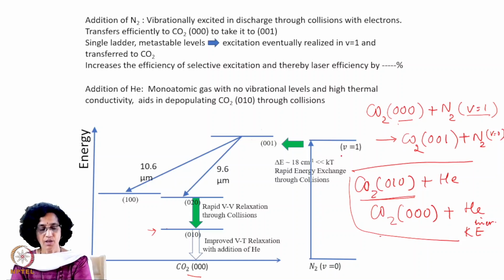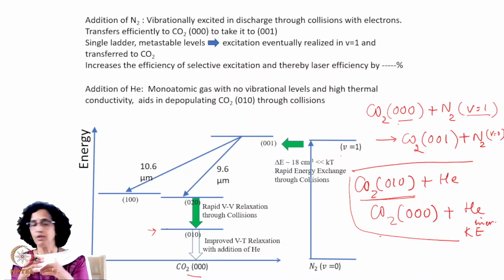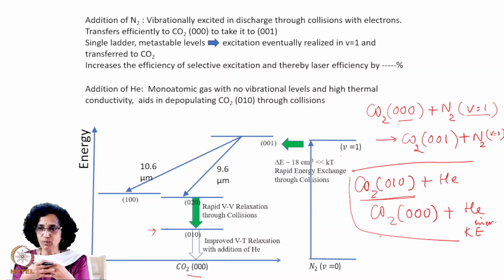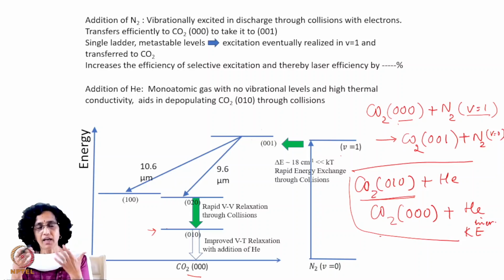with nitrogen. So the addition of nitrogen and helium has been seen to increase the efficiency of a CO2 laser to a very large extent.